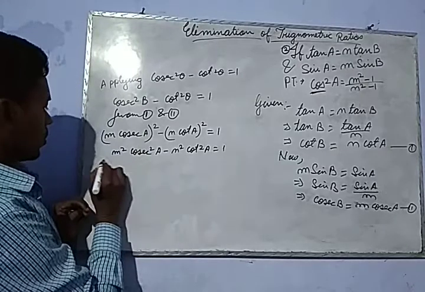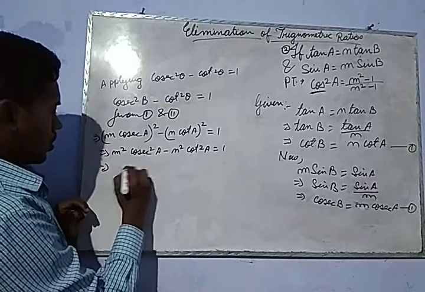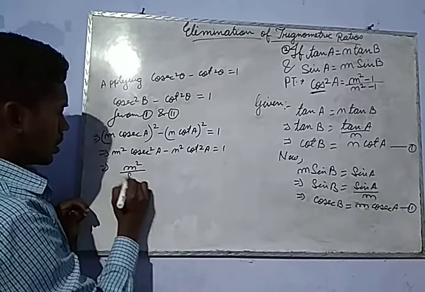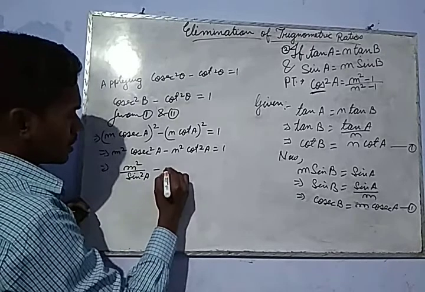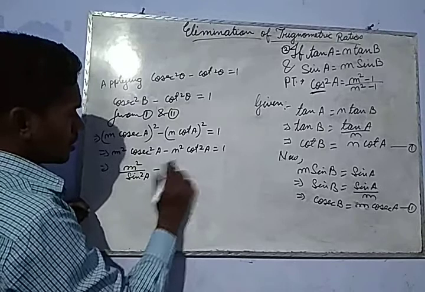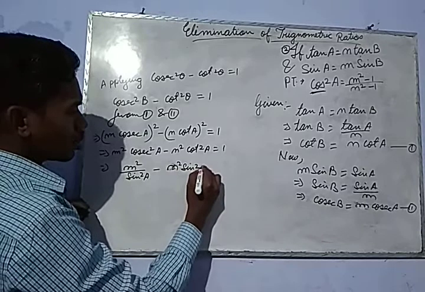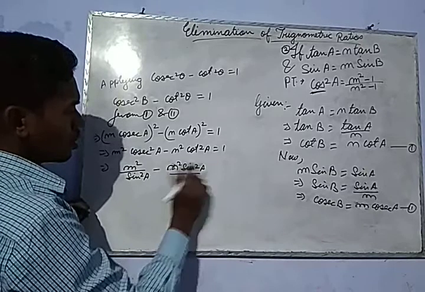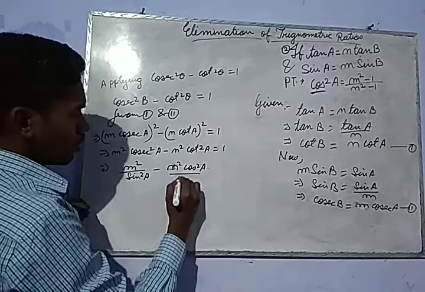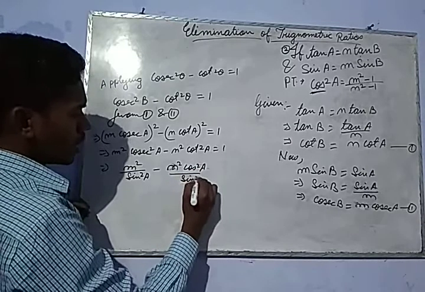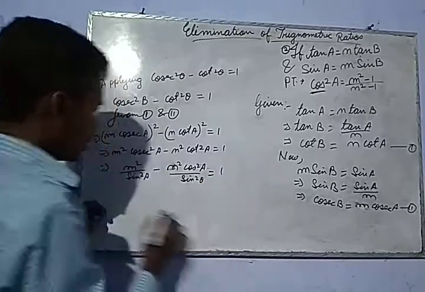Okay, so let's convert it. m square by sine square A minus n square times cos square A by sine square A equals 1.